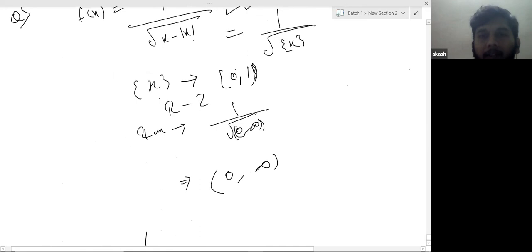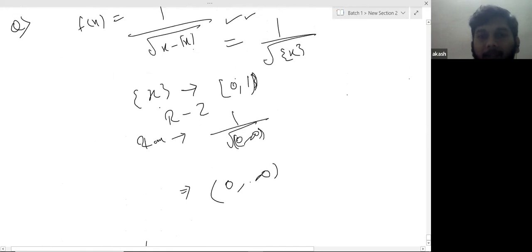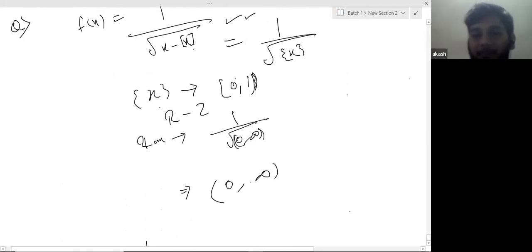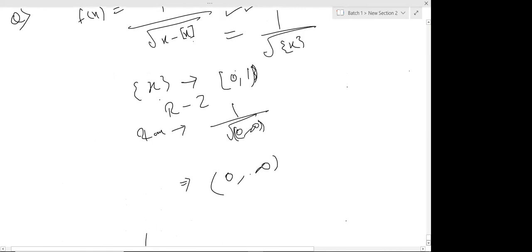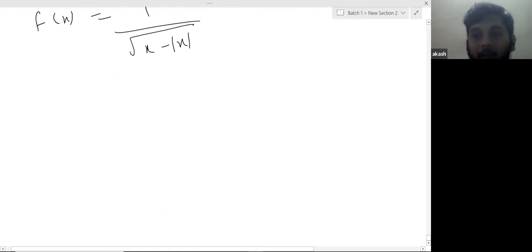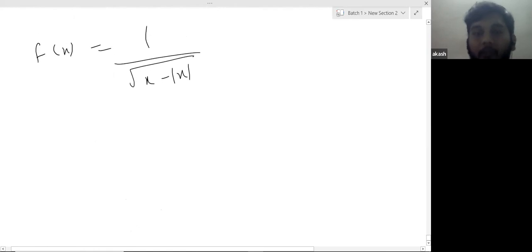Okay, Shravya, this was mod here, not GIF. Okay, now put it as GIF. Right, it was modulus, so we couldn't write this as fractional part. But if you take it as GIF, then this question is valid. Now what I've given is modulus. This is 1 upon under root x minus mod of x. Try to find domain and range of this.